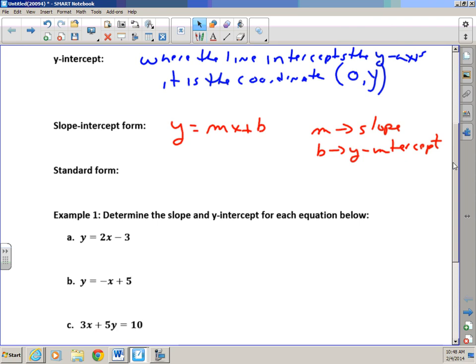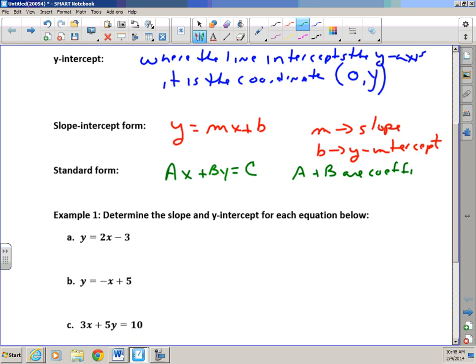There's only one slope and one y-intercept for a line, but there's an infinite number of points. Standard form is ax plus by equals c. A and b are coefficients, numbers in front of variables. C is a constant, a number without a variable.